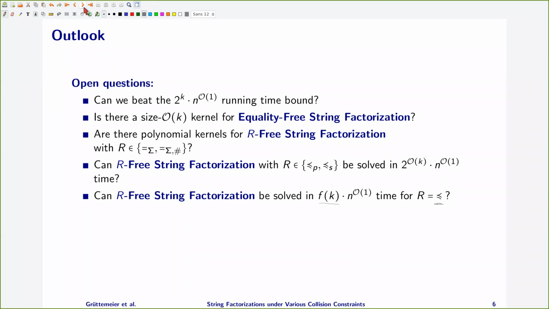Because we don't have a kernel for that one, we don't have an FPT algorithm. And finally, I'm also interested in looking at exact algorithms, implementations of exact algorithms for this problem. And in that case, probably for more realistic variants than the equality-free string factorization, maybe some variants where you demand that the factors have a certain Hamming distance or something like this.